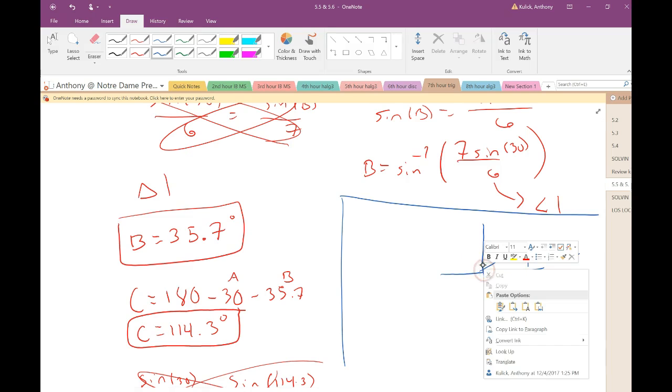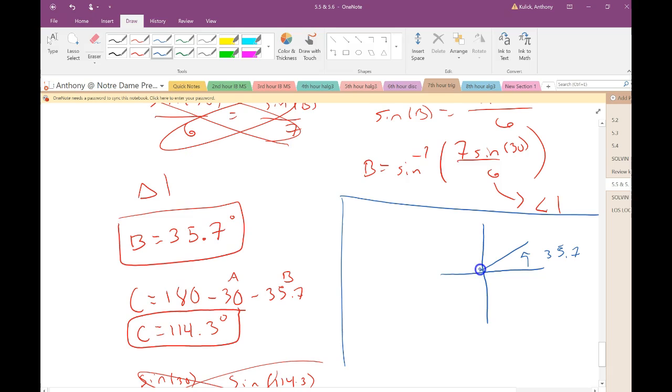Sine is also positive in the second quadrant here at 35.7. Everybody agree with that? So I'm looking for that angle. That's 180 minus 35.7. Is it always going to be 180 minus whatever your answer for the first triangle was? Yup.